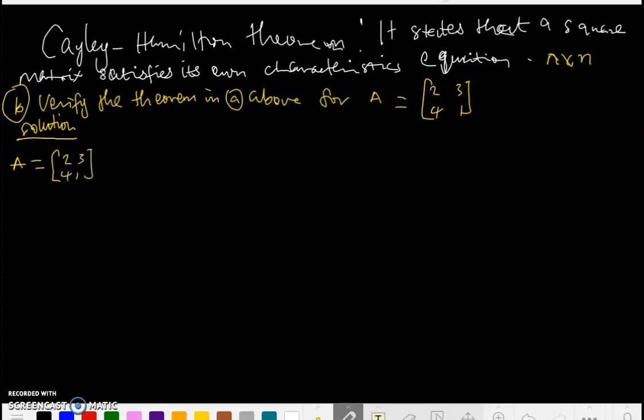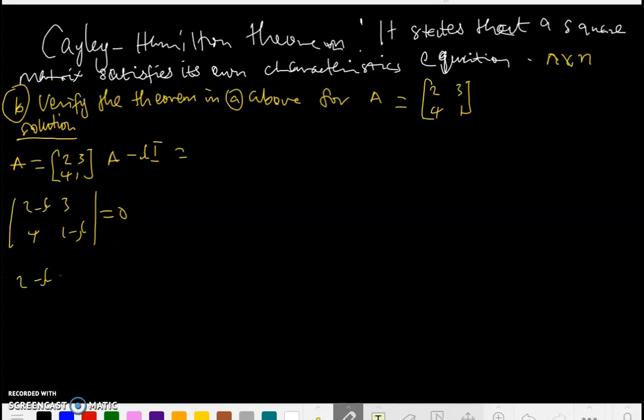First of all, we need to find the eigenvalues for this matrix using A minus lambda I. This will be equal to 2 minus lambda, 3, 4, 1 minus lambda, and the determinant must be equal to 0. Since it is 2 by 2, it makes our work easier.